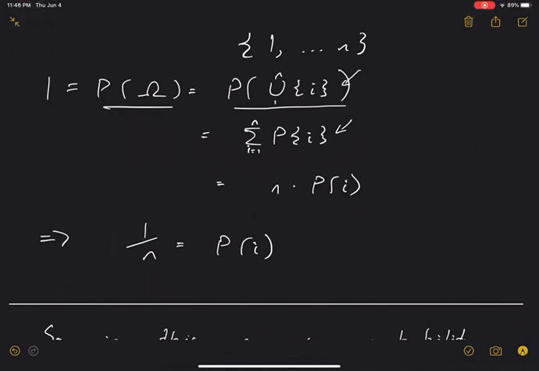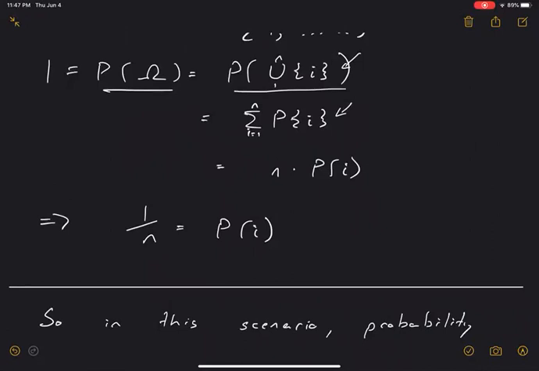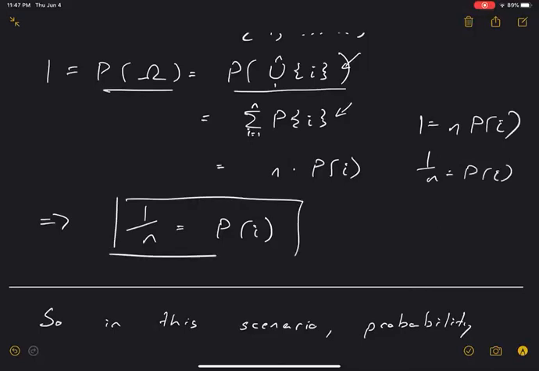They're all the same, right? So let's just leave it as P of i. And then this collection is just n times the probability of one of those, right? So on one hand, we have 1 equals the probability of omega equals n times the probability of one of those individual outcomes. So we naturally get 1 over n equals probability of i, where i is any one of those outcomes.